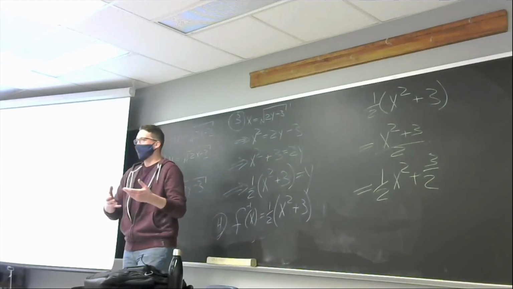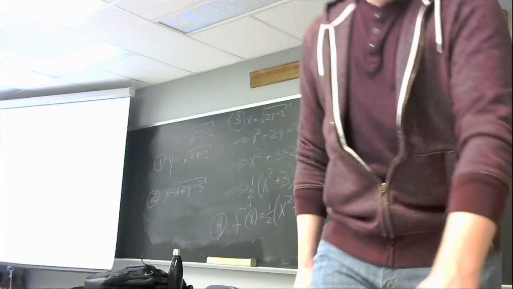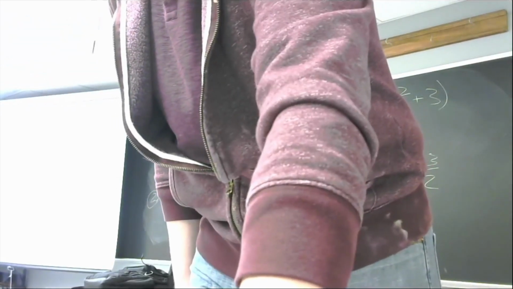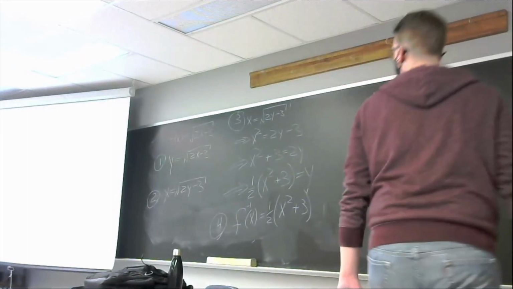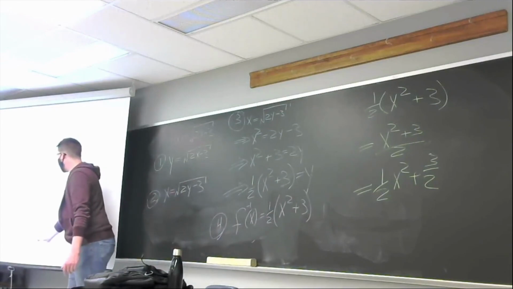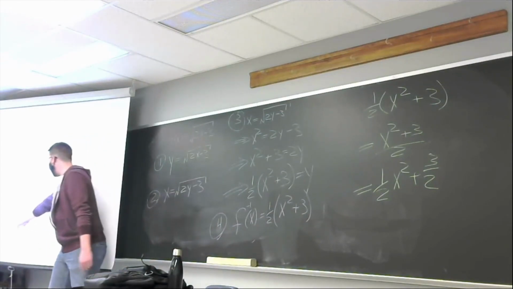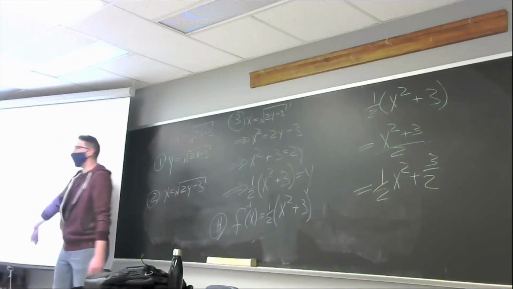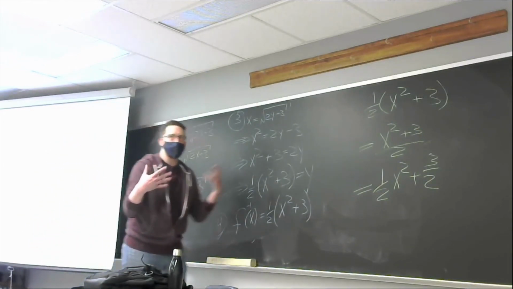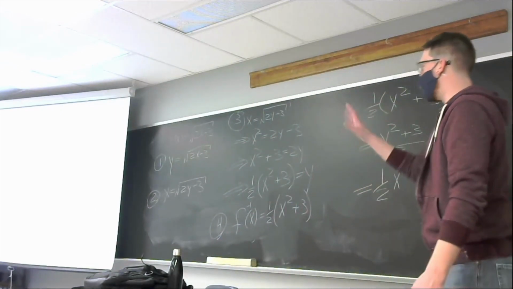Is everybody cool with this? And that's what their point is here, is that without restricting the domain of your inverse function, you can't technically have an inverse of all functions. Sometimes you do have to restrict domains and ranges. I keep saying domain, I mean to say the range.